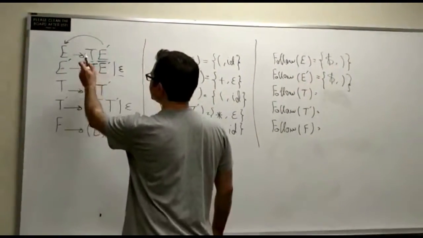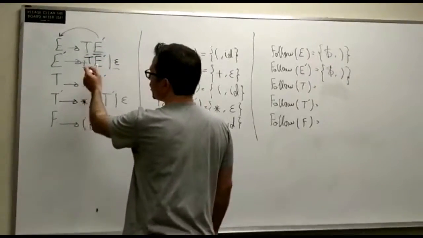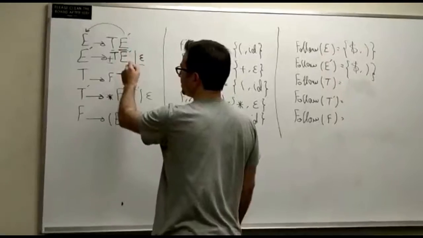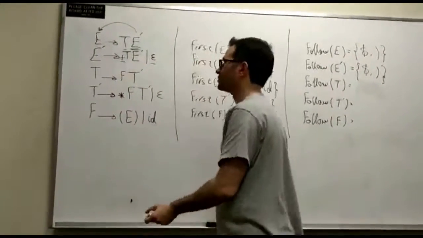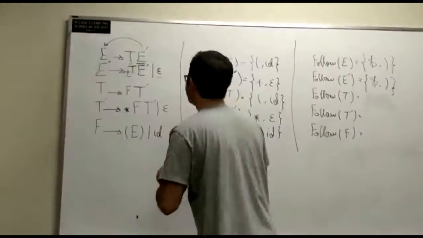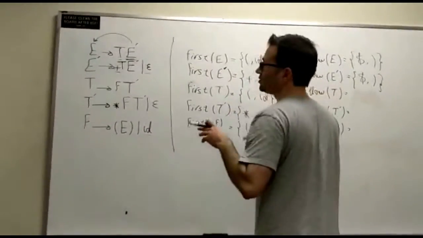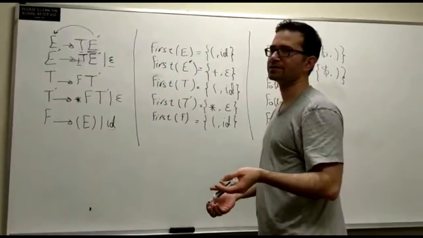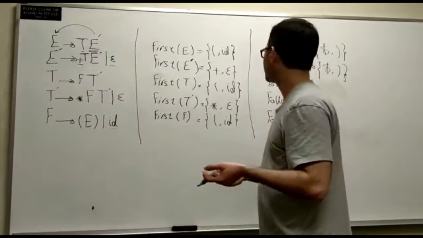as you can see here, we have T here and here. So what follows T in both cases? It's E prime. So we should go for follow of E prime. But we need to be careful about epsilon. Because we have epsilon here and we cannot have epsilon in the follow set, technically we have to go for first of E prime.